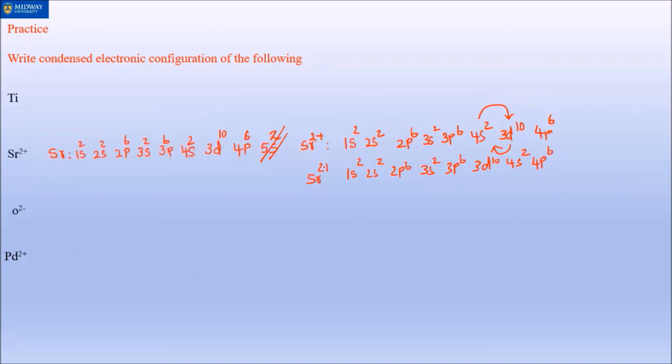For Sr2+. Now, Sr2+ is in row 5, and the noble gas before that is Kr. But Kr is already part of the 4p window. So if you strike out everything up to 4p, there's nothing left. So all you have to say is Sr2+'s condensed electronic configuration is just Ar. Sorry, Kr.